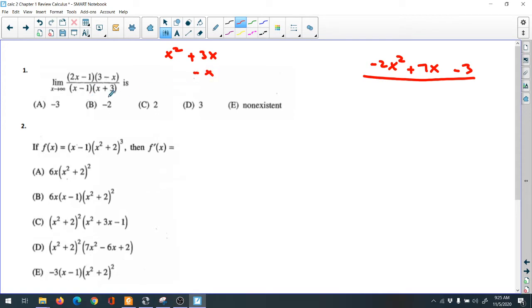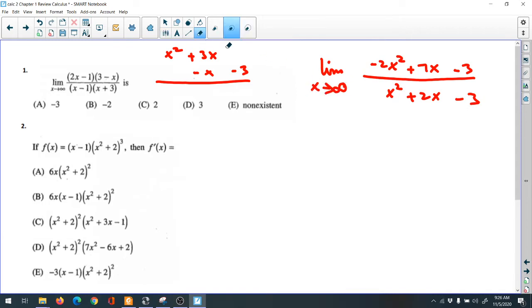Multiply negative 1 times 3 is negative 3. Combine x squared, put it down, and then 3x minus x is 2x, and then negative 3 we have. So we reform the function here. So now the function is easy to find the limits.